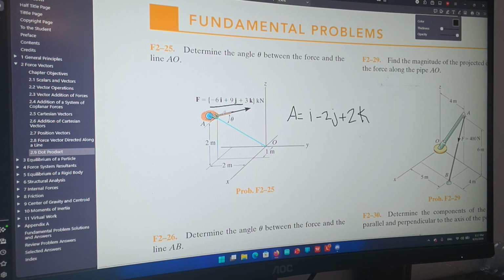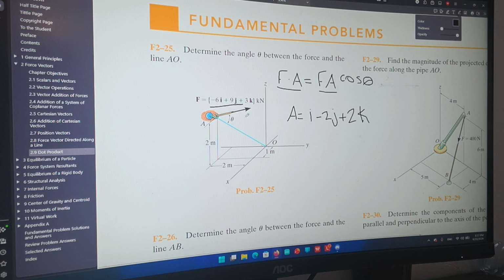Now for force F and A, to find the angle between them, remember the equation was the dot product equals the magnitude of each force multiplied by each other times cosine of the angle. So what do you have now? You have the dot product and you have the magnitude. Dot product, I'll show you how to calculate it right now.